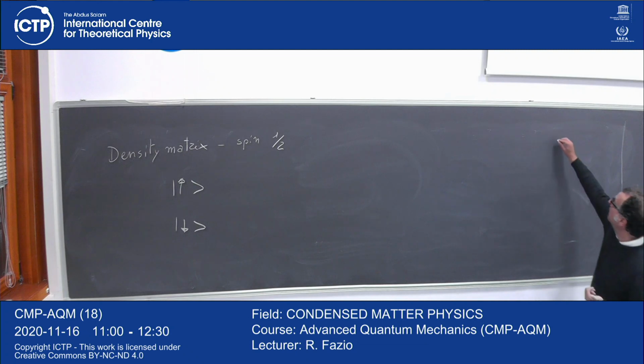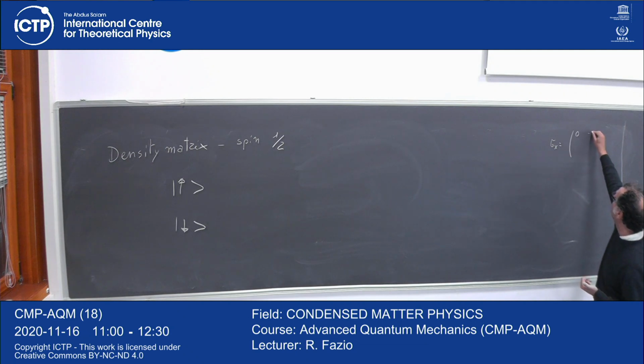So if I write sigma x is equal to 0, 1, 1, 0, and sigma y is 0, minus i, i, 0.